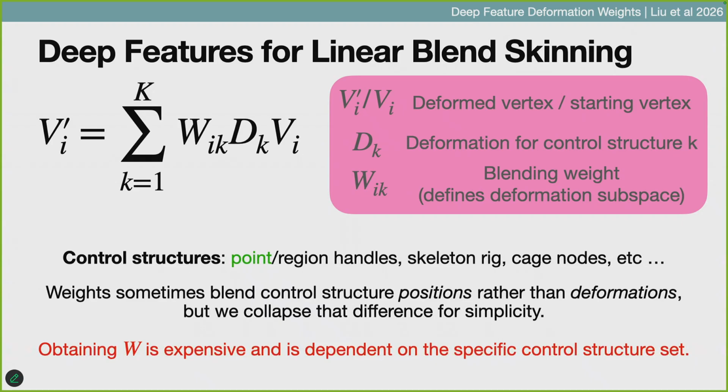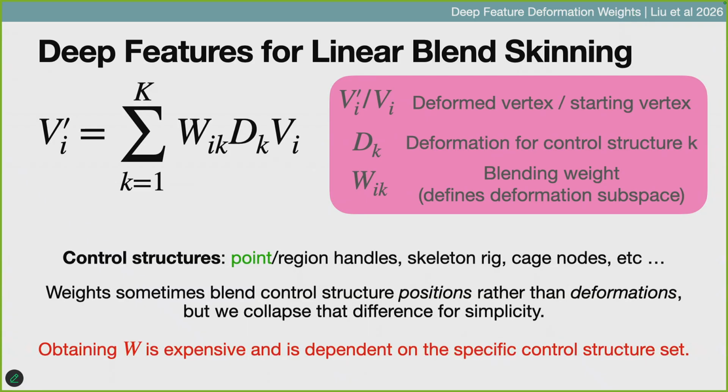But one common characteristic of all these previous methods is that to compute the weights, you need to solve some optimization problem, which is a function of your control point set. What that means in practice is if you want to add or delete or update your control structure set in any way, you have to resolve the optimization. And you can see how that can get expensive pretty fast for interactive applications.